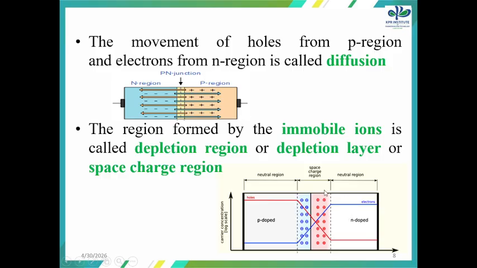These opposite charges are attracted to each other, so holes and electrons recombine in this region, called the space charge region or depletion region. It becomes immobile and blocks the flow of electrons from the N region and holes from the P region. So there won't be movement of electrons or holes.